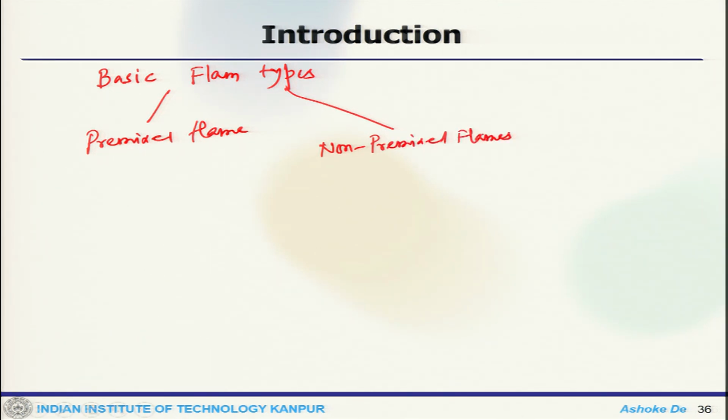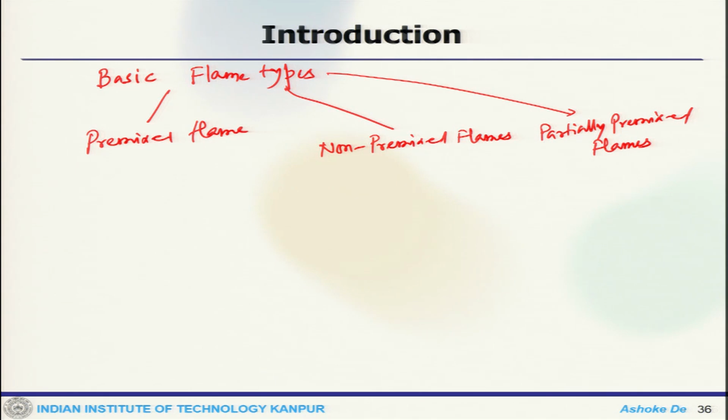We will talk about these flames in detail; that is why we are now getting into the classification of different flame types. The third could be partially premixed flames. So, these are the three primary broad categories of flame: premixed, non-premixed, and partially premixed.